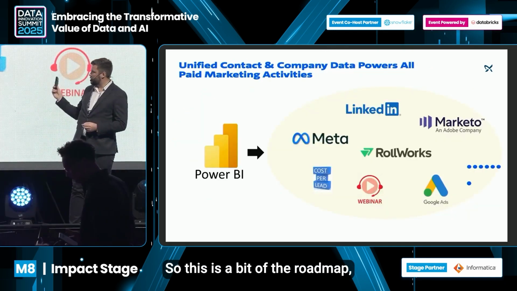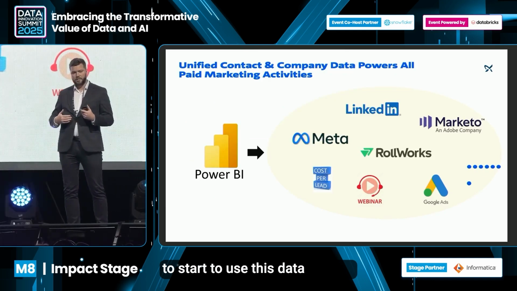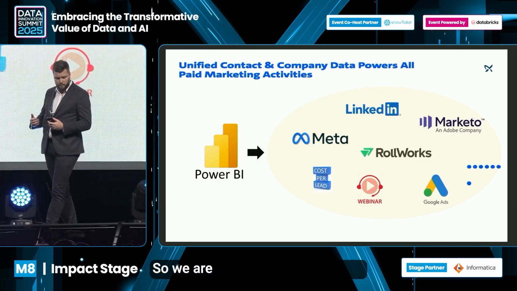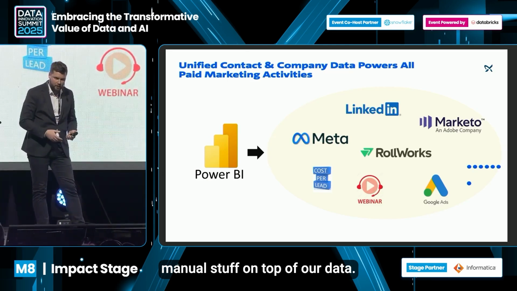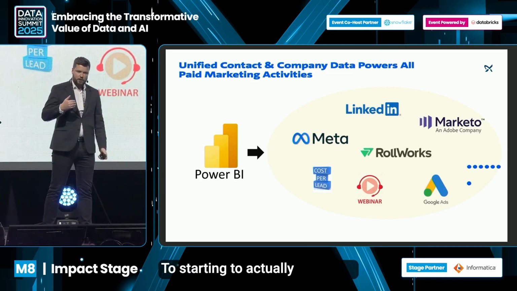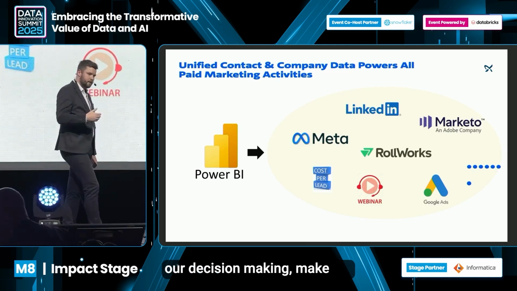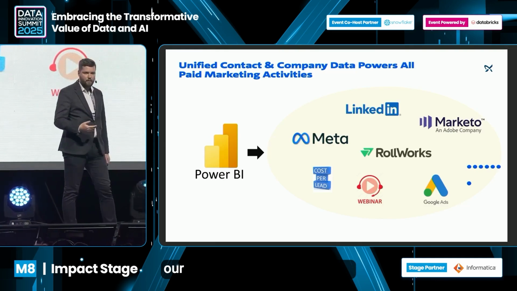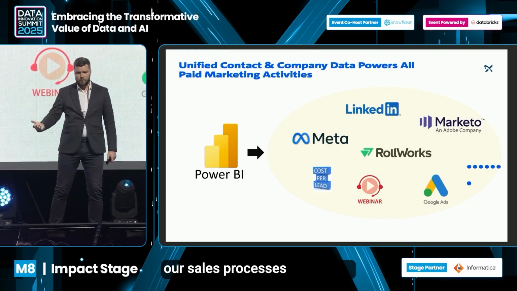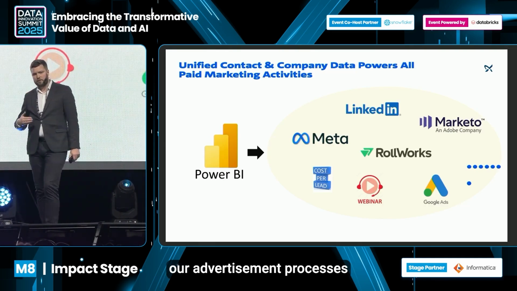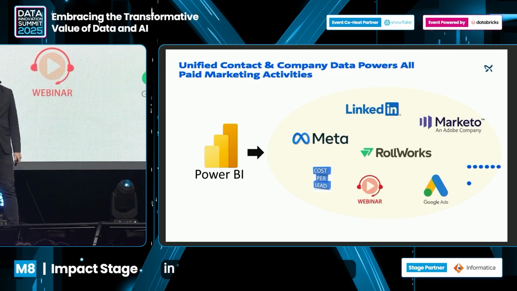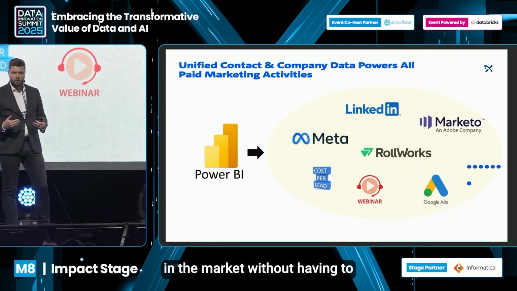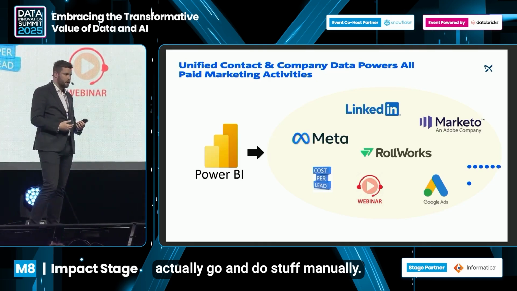So this is a bit of the roadmap, what we have, where we want to start to use this data as well. So we are going from a very Power BI oriented setup, where people are doing manual stuff on top of our data, to starting to actually automate our decision making, make the data that we have available drive our sales processes, in general our advertisement processes, so that we can target where we see that there are opportunities in the market without having to actually go and do stuff manually.